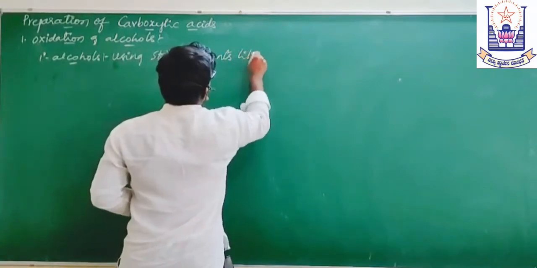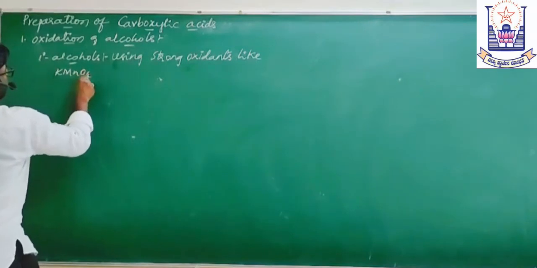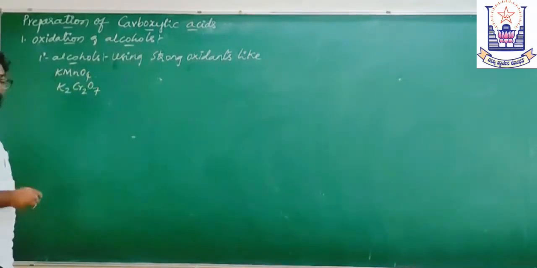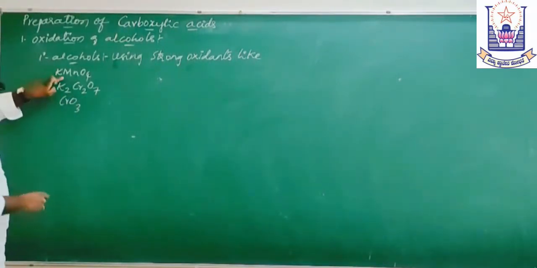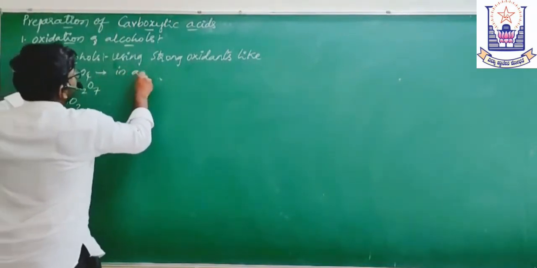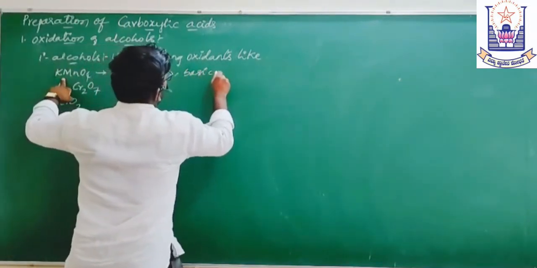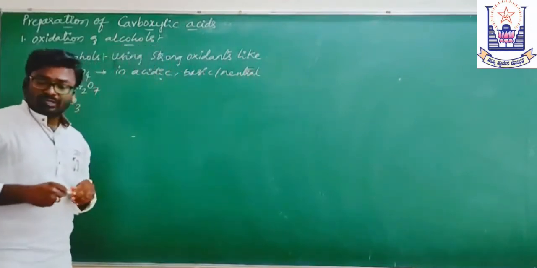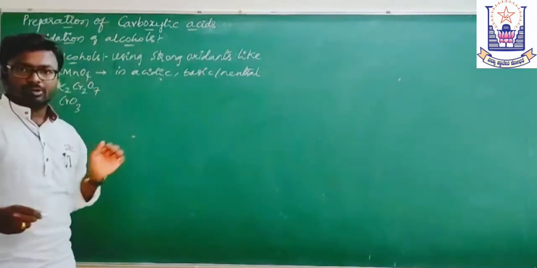like KMnO4, K2Cr2O7, or chromium trioxide. Using KMnO4 in acidic, basic or neutral medium is okay to convert the alcohols to carboxylic acids.